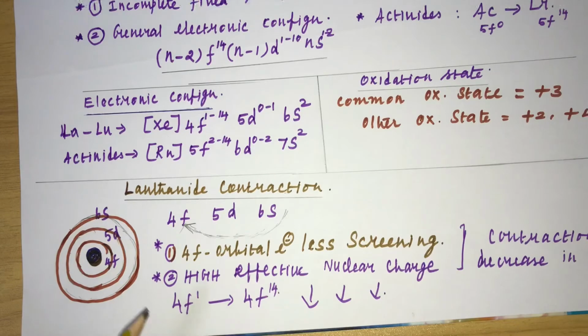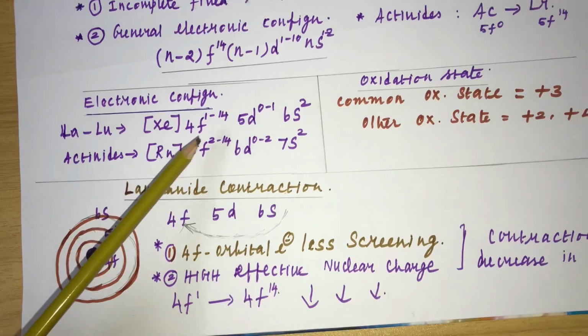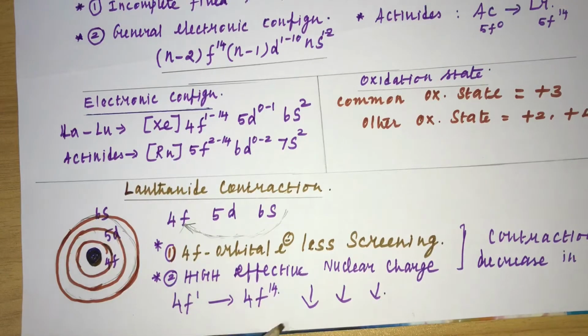So the lesser screening effect of the 4f orbital, or 4f electrons, is the reason for lanthanide contraction. And how does it explain the total lanthanide contraction, as electrons are added from 4f1 to 4f14? Imagine the 4f1 electronic configuration, where only one electron is present. On moving from lanthanum to lutetium, subsequently the electrons are added in the same 4f shell. So the electrons in the 4f orbital increase, and the concept of lesser screening effect predominates.